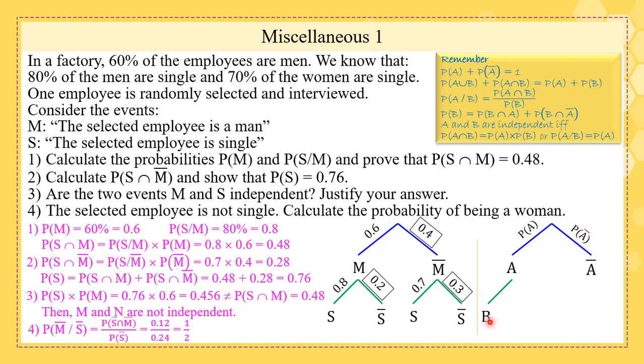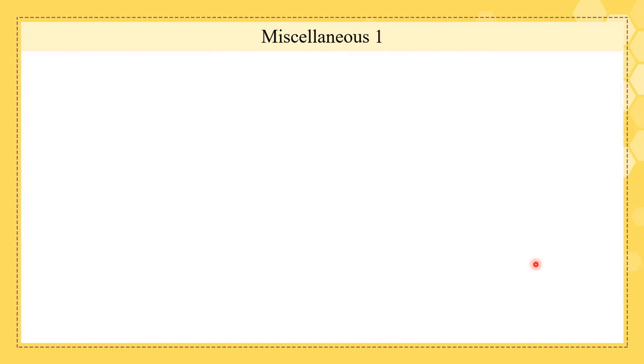And if this is B, this would be the probability of B given A and not the probability of B. And here we're going to have the probability of B bar given A. Here we have B given A bar. And here we have B bar given A bar. Now this illustration helps you a lot while working in probability trees.